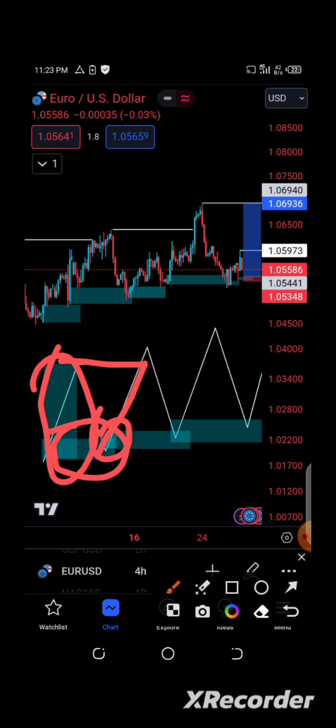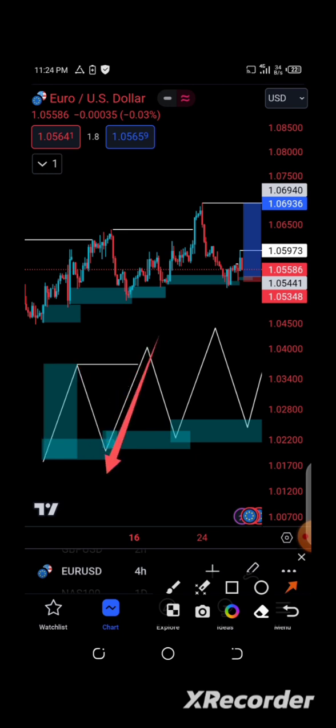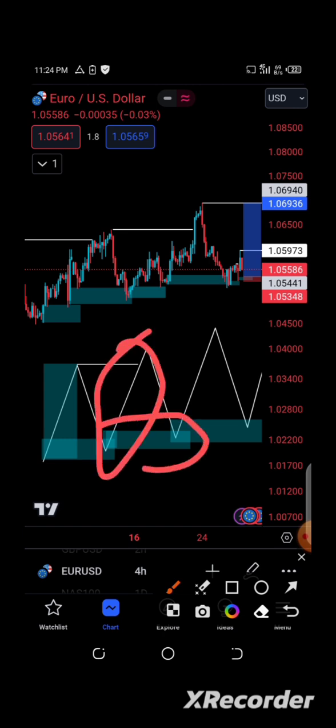Same thing with here. Let's just do it like this. So it's the same thing, right? You create your S, you create your S, you create your C, then price takes out that supply.